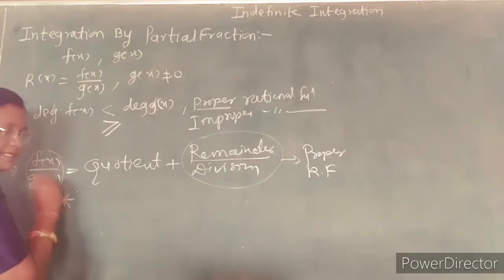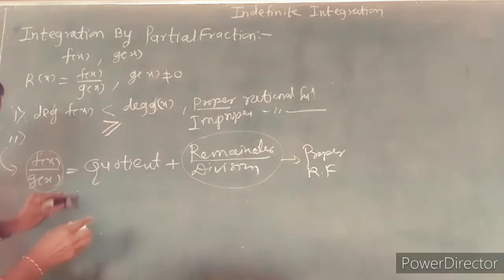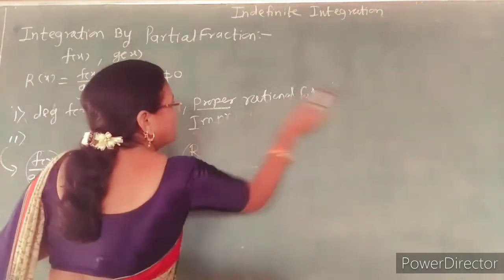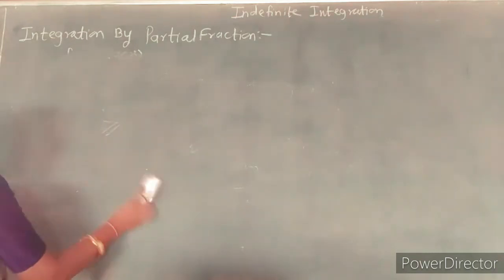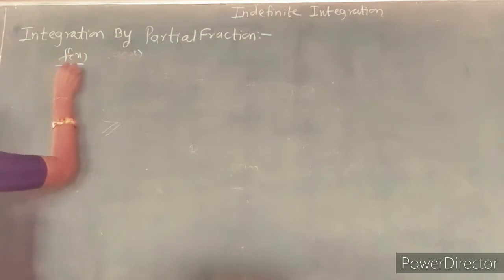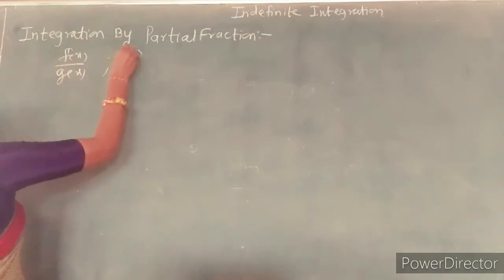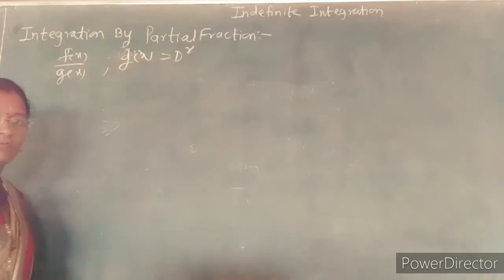There are three types of function, for which the denominator can be divided into three cases. For f(x) upon g(x), we take the denominator, g(x).